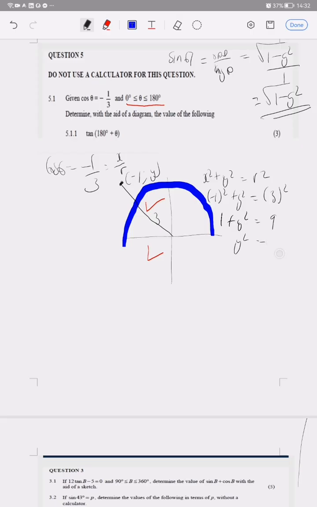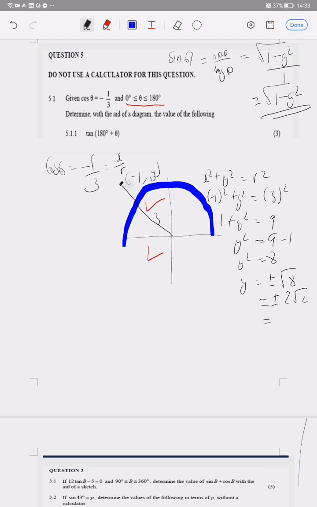Y squared is equal to 9 minus 1. Y squared is equal to 8. Y is equal to plus or minus the square root of 8, which is plus or minus 2 root 2, right? So we select one answer here.